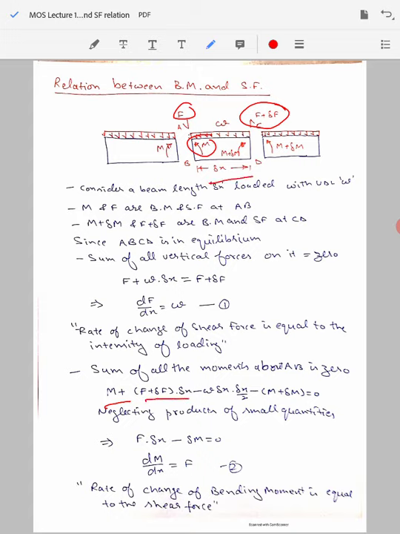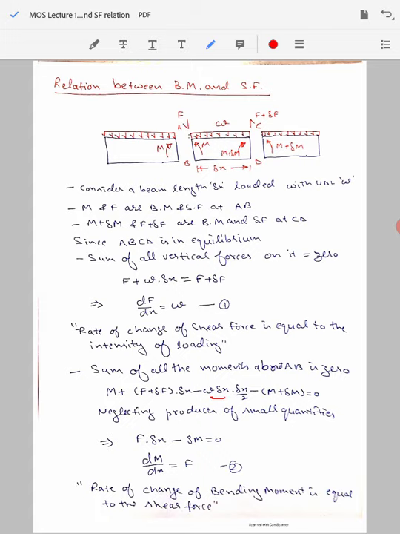So the moment because of this will be F plus delta F dot delta x, and this is also acting in the anticlockwise fashion. Now because of the impressed force w per unit length, the moment will be induced in the opposite direction, in the clockwise fashion. Its magnitude will be the force w dot delta x multiplied by the distance over which it is acting.